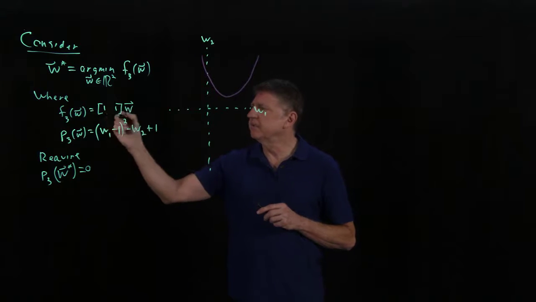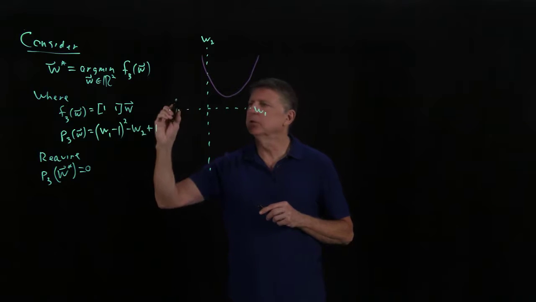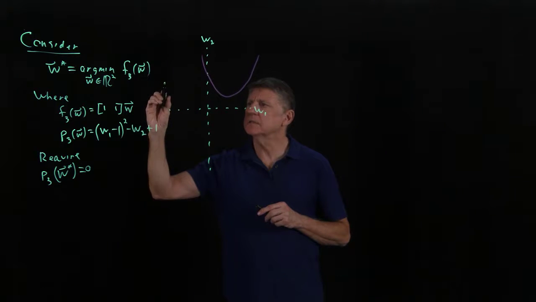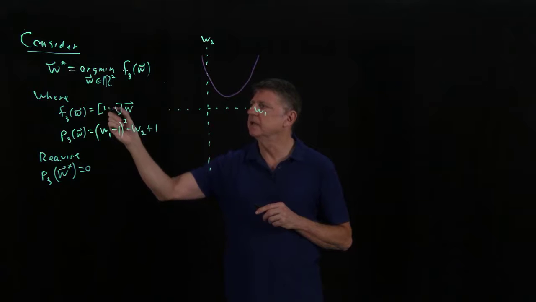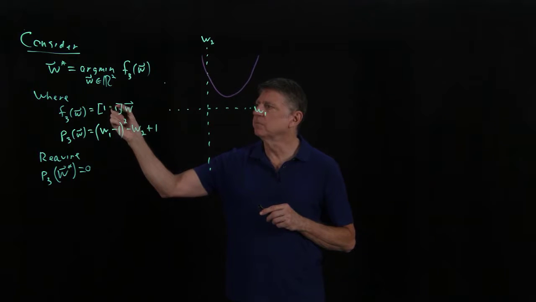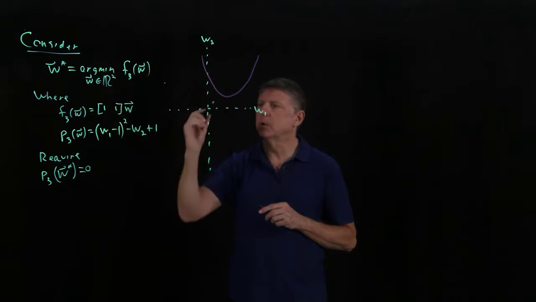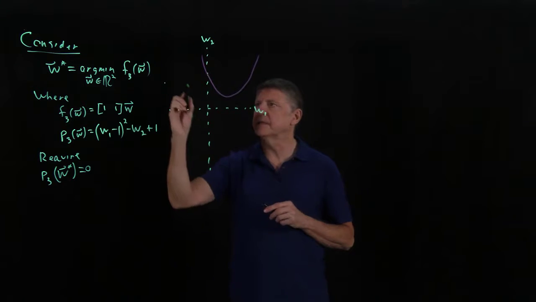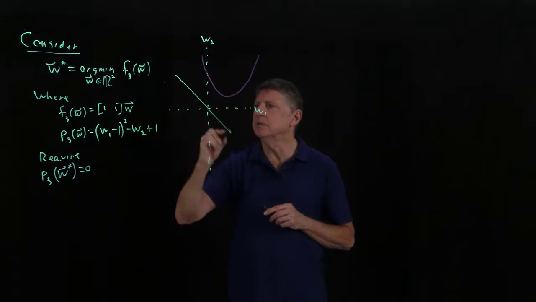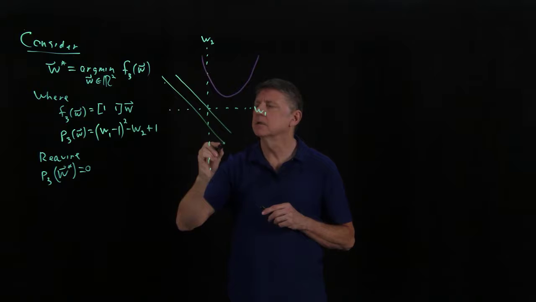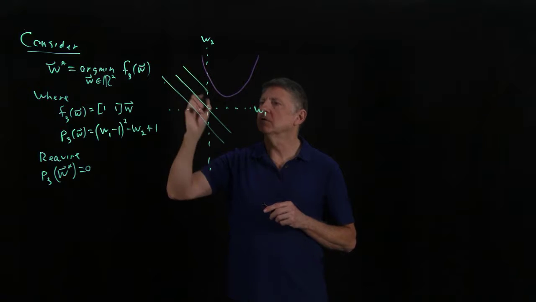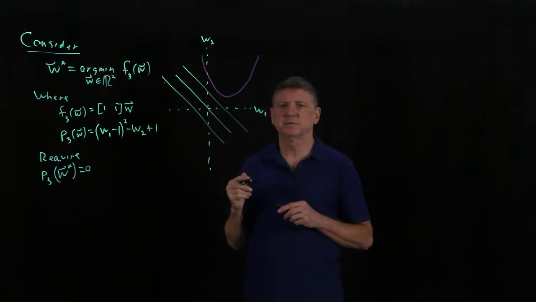But if I've got some level curve of this, what these are going to look like is lines. They'll be parallel lines, and the normal vector for them will be the transpose of 1, 1. So the normal vector will point like that, and that means that these will be lines that look like this. So our level curve for this is a bunch of lines.